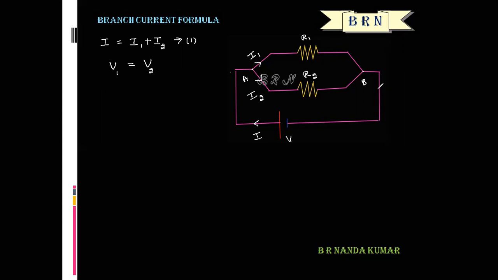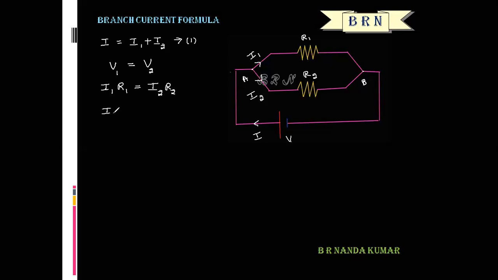Because in a parallel combination, the current flowing through each resistor is different, the potential difference across each resistor is the same. So according to Ohm's law, what is the value of V1? V1 is I1 R1, that is equal to V2, that is I2 R2.